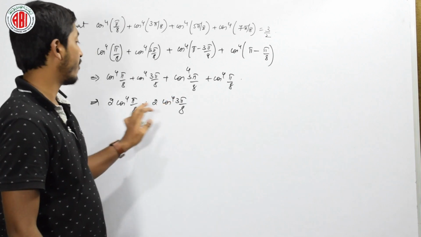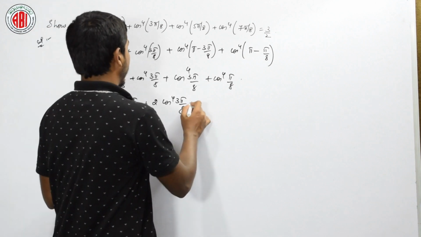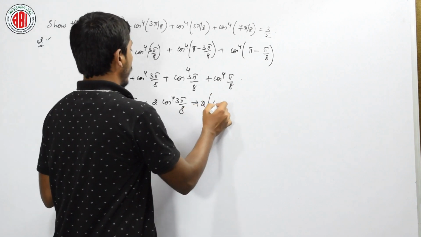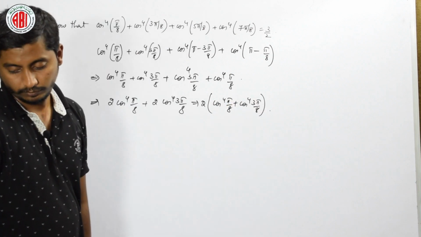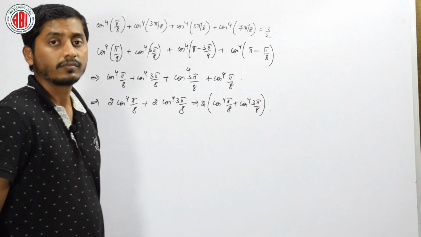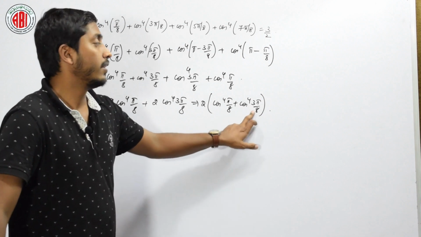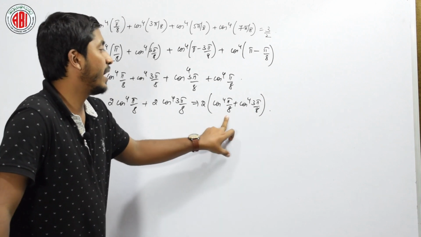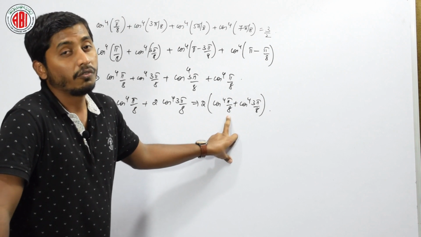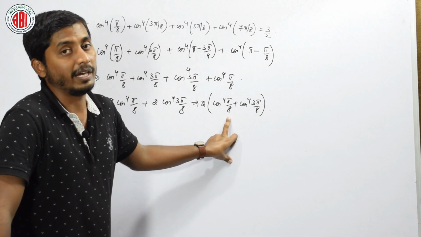Can I take 2 common from these two terms? Yes, we can. It will become 2 into cos power 4 pi by 8 plus cos power 4 3 pi by 8. If I add pi by 8 to 3 pi by 8, it will become 4 pi by 8, which is nothing but pi by 2.